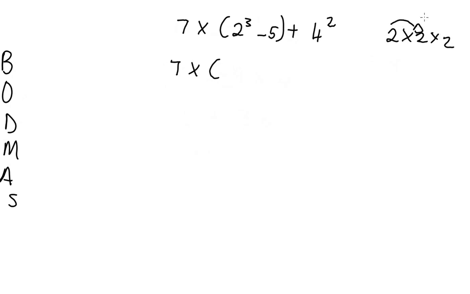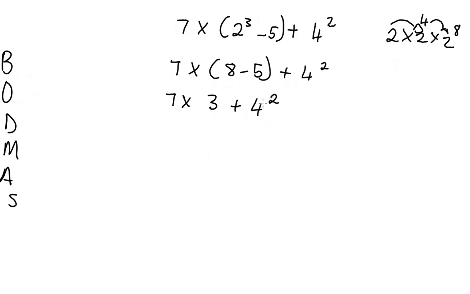2 times 2 is 4. 4 times 2 is 8. So it's 8 minus 5, close bracket, plus 4 to the power of 2. Right. After that, we haven't solved our bracket yet. So 7 times 8 minus 5 will give you a total of 3 plus 4 squared.